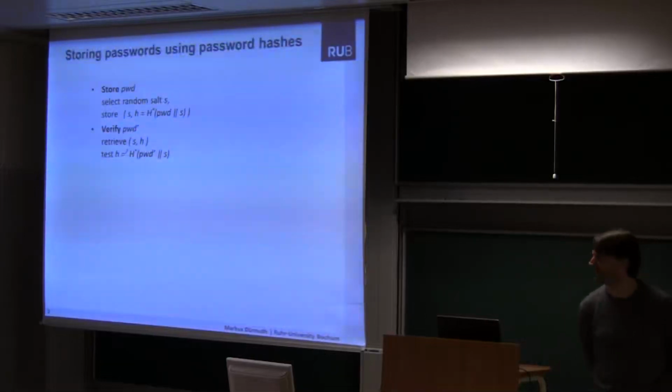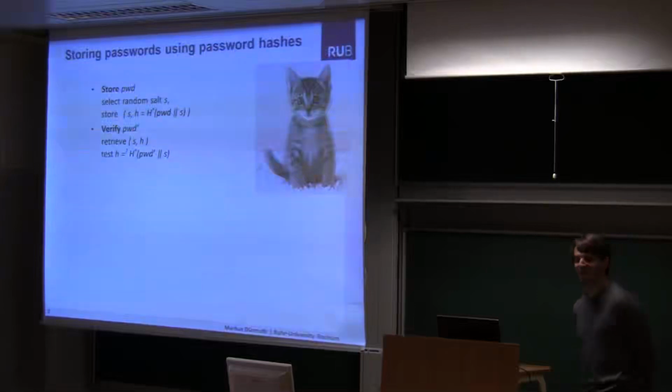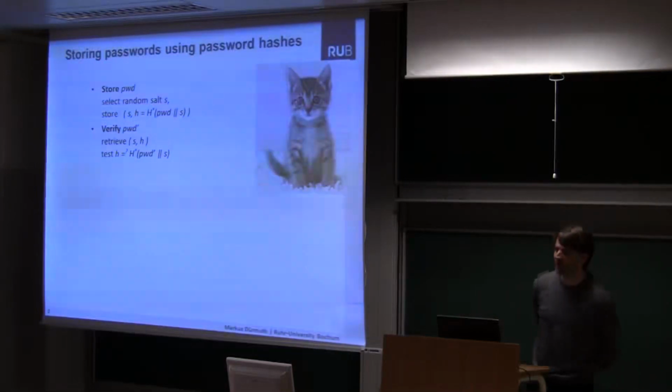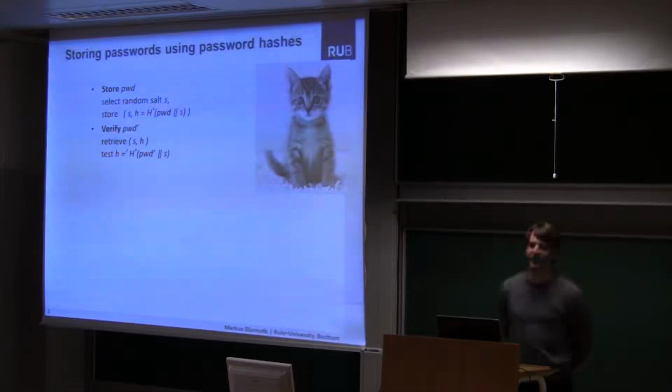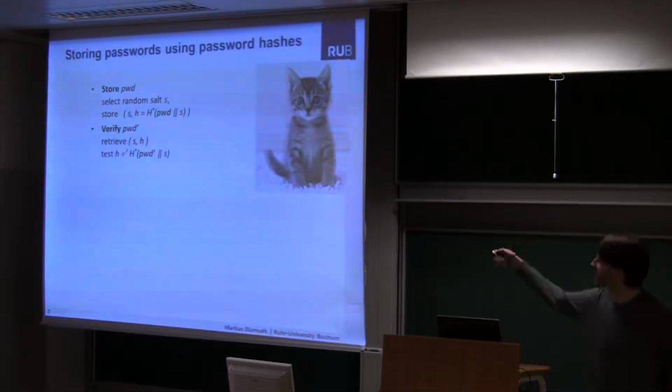Now, I'd say 95% of you know what password hashing is. Last year, the kittens seem to have been kind of interesting, so here's a kitten for those that are bored by what's on the left side of the slide. For storing passwords, we all know that we shouldn't store them in plain. Still enough sites do it, but they shouldn't. You should also salt them, so you're choosing a random salt.